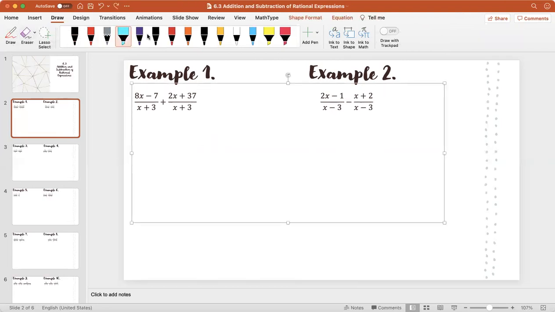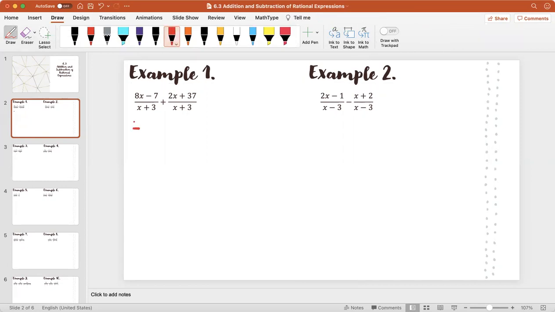Okay, so let's look at the first one. You have 8x minus 7. We combine that to the other numerator, which is 2x plus 37.